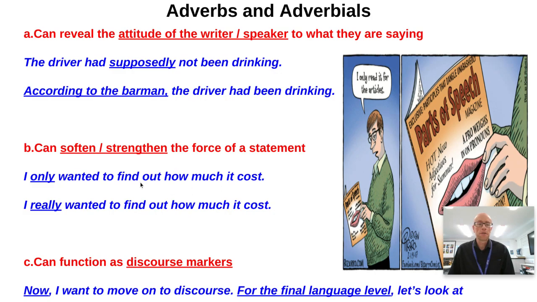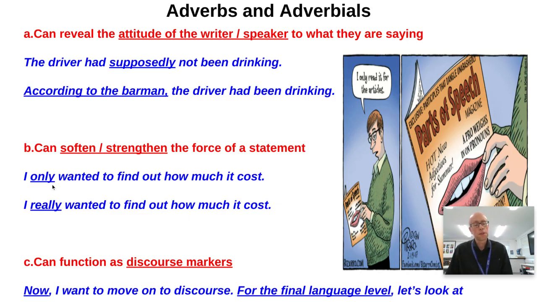These ones over here are interesting because adverbs can be used to either soften or strengthen the force of a statement. So, I only wanted to find out how much it cost. The only bit there is a mitigating adverb. Now look out for these. These are used all the time. Often when people want you to do things, maybe against your will, they'll use an adverb like only or just to give the sense that they're not actually prevailing upon you very much.